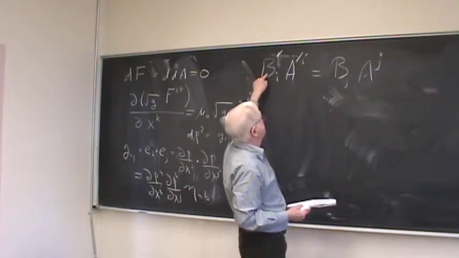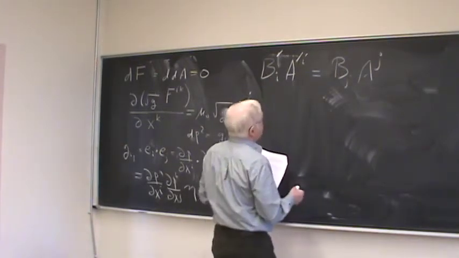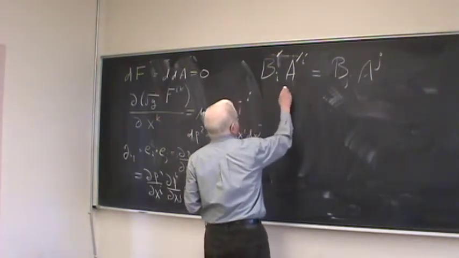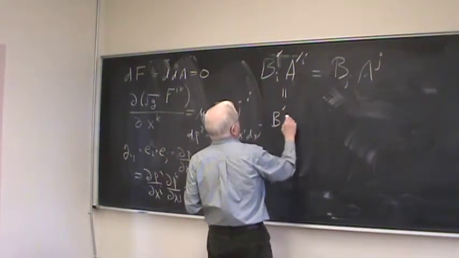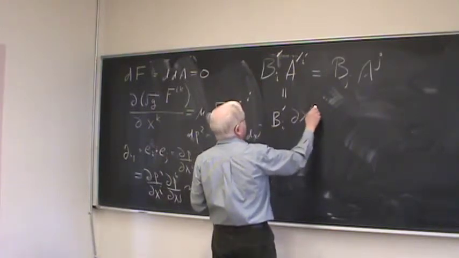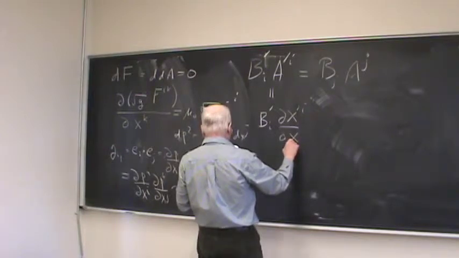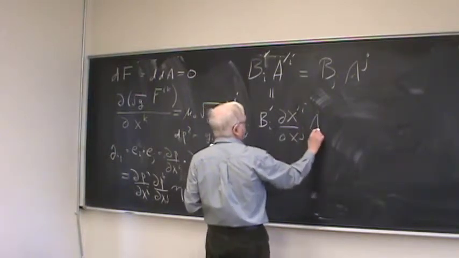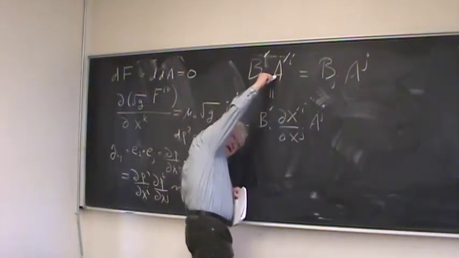And the point is that B has to be a covariant vector. And the way we show that is that this thing is certainly B prime i, partial x prime i, partial x j, just because A is a contravariant vector.